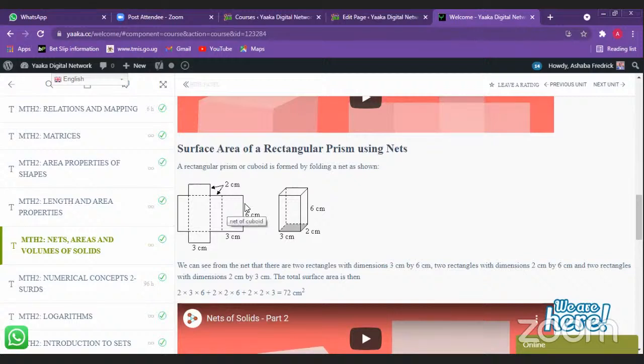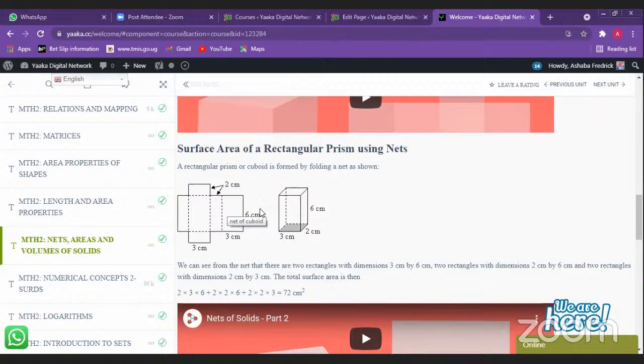We can add a 2 here, so the total here would be 5. So we shall get the area of this, which would be 5 times 6.